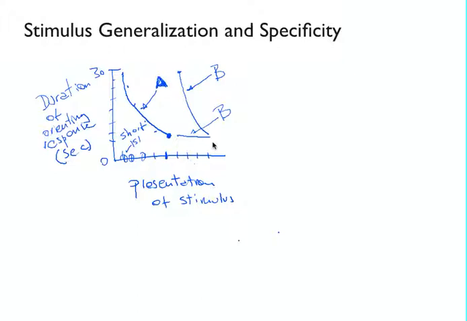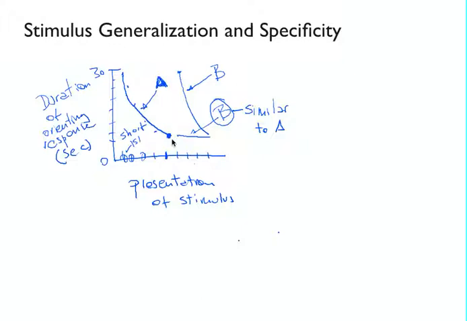Well, it depends on how similar stimulus B is to stimulus A. If stimulus B is very similar to stimulus A, then we're talking about this situation. And what we see is a continuation of the habituation process that had been conducted before, because B is very similar to A.